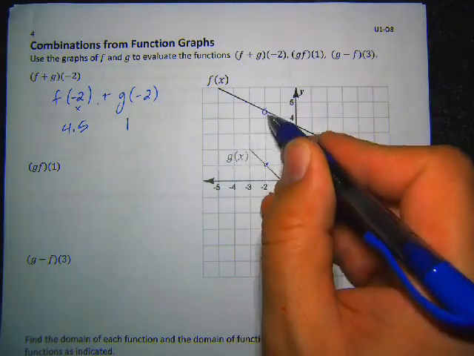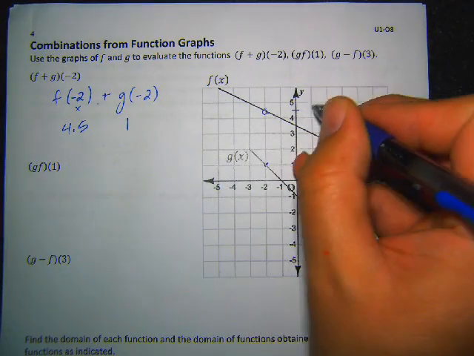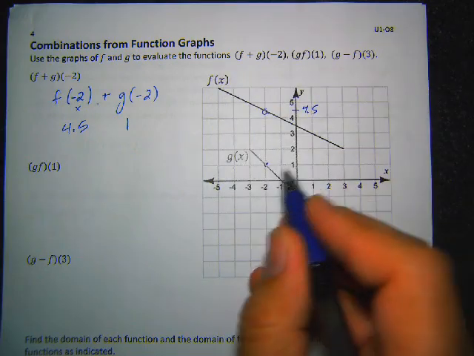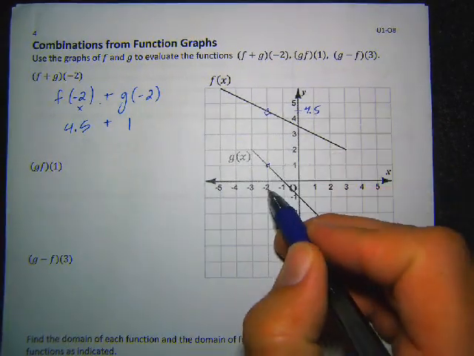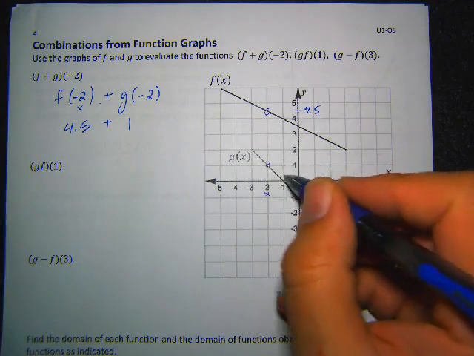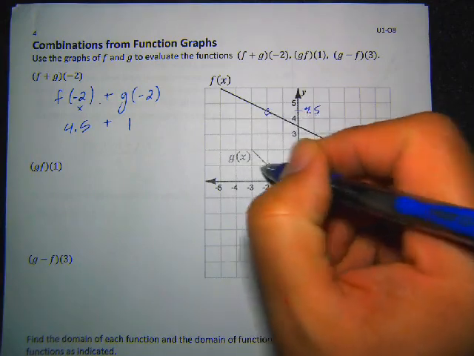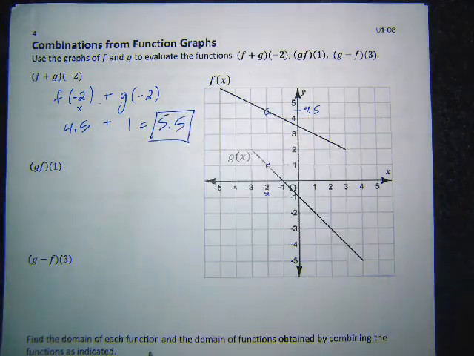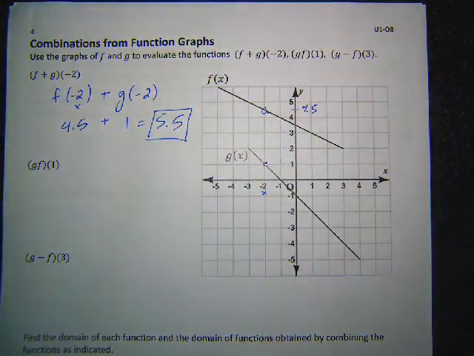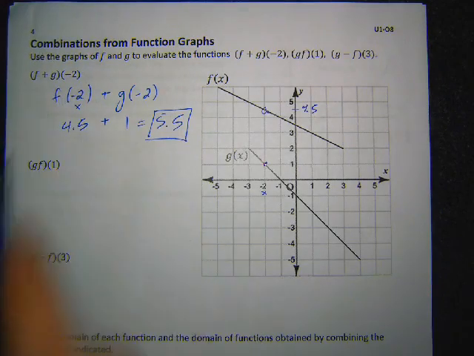So at negative 2, we get 4.5 for the f function and 1 for the g function. So we can evaluate those two different values using x is negative 2 and then find the y, the heights, and then add those together and we get 5.5. So if you have a function's graph, you can still evaluate even a combination where you add it together.